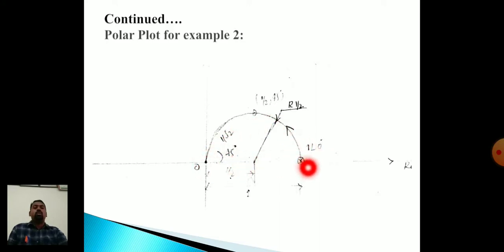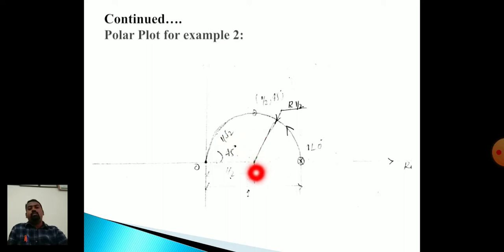These are the two points. In between, omega tends to 1 by t, that is M of omega is 1 by root 2 at the 45 degree line, in the first quadrant. It is not minus 45, this is plus 45, so you take it along this direction.